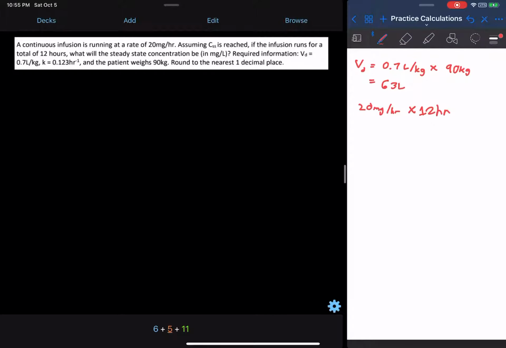See how many milligrams we'll get. Got about 240 milligrams. Milligrams per, just milligrams, okay.